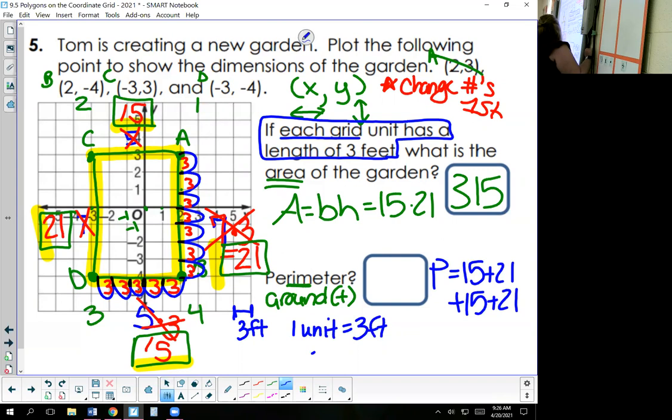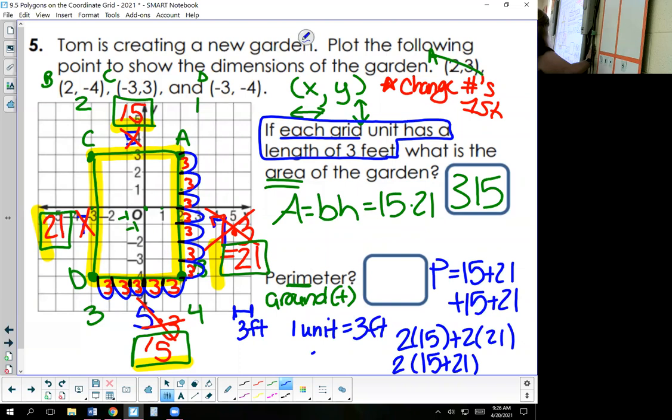Or some of you go, Miss Edwards, can I do 2 15s and 2 21s? And I say, yes, you can. Or actually another way, can I add 15 plus 21 and then multiply by 2? Yeah, they're all the same answer as long as you follow order of operations.